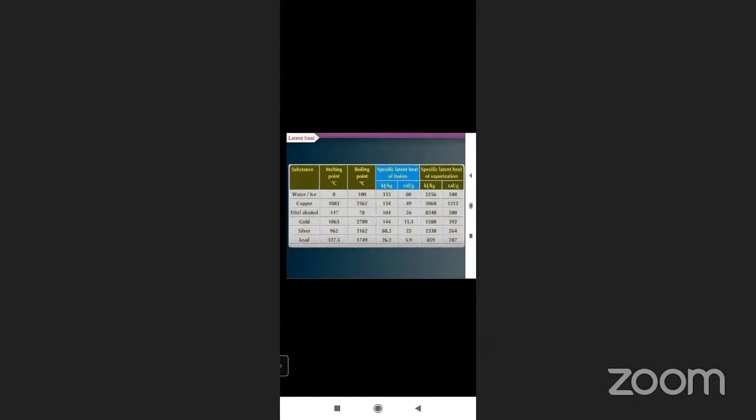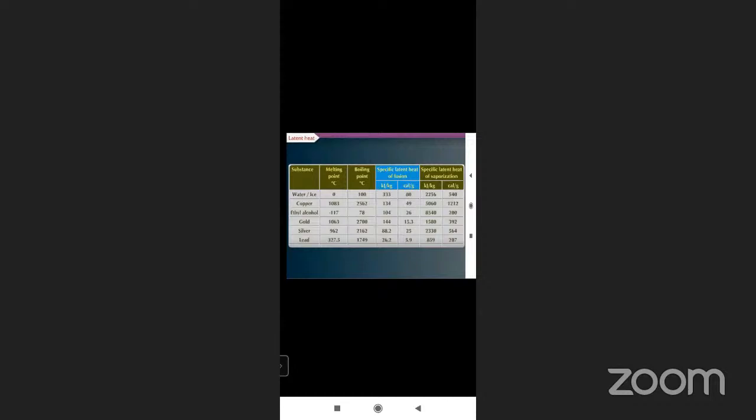For silver, the melting point is 962 degrees Celsius. Boiling point is 2162 degrees Celsius. The specific latent heat of fusion, it is 88.2 kilojoule per kilogram and 25 calorie per gram.